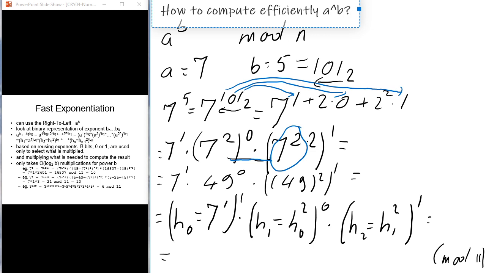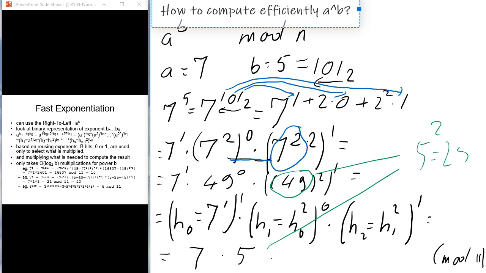So 7 at power 1 mod 11 is 7, so h0 is 7. 7 squared is 49, and 49 mod 11 is 5, since 44 plus 1. Instead of 49 squared here, we can notice that this is now equal to 5 squared, which is 25, which mod 11 is just 3.